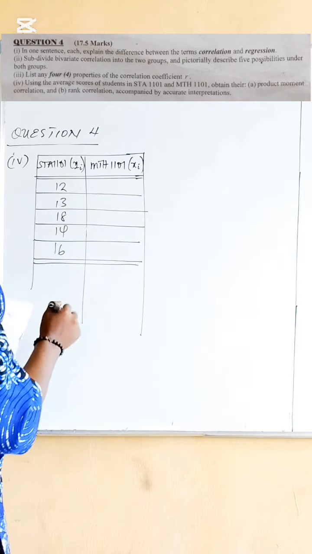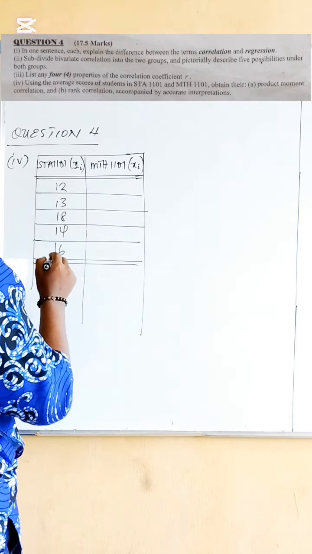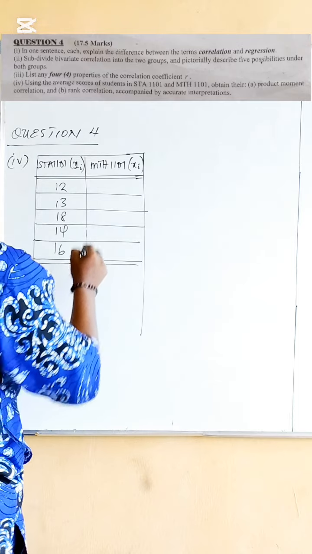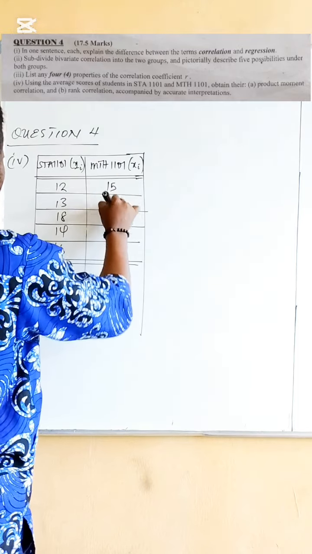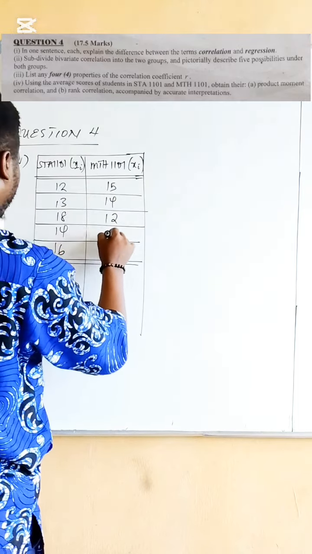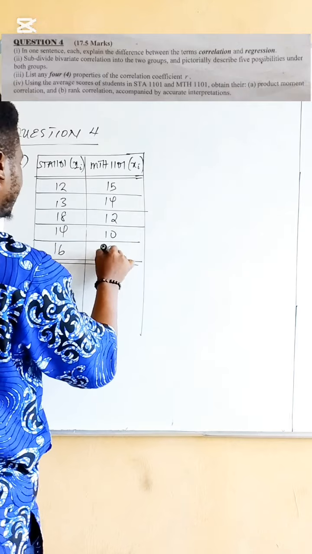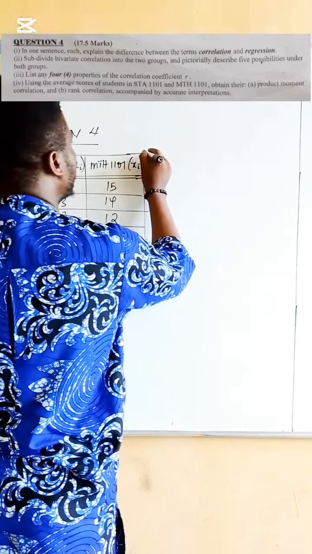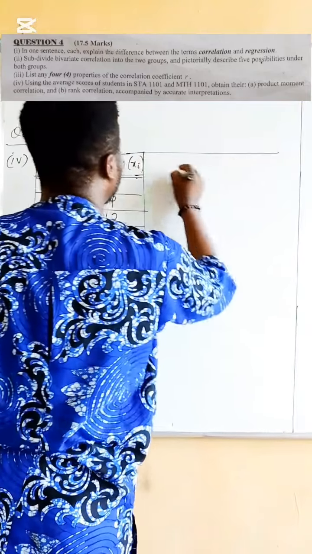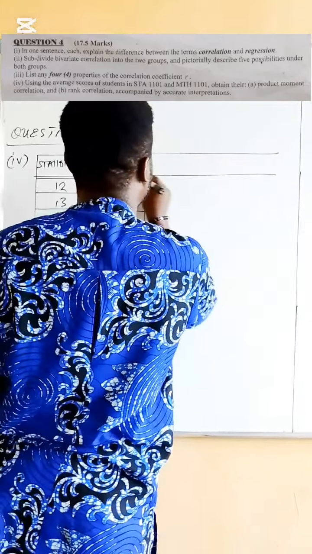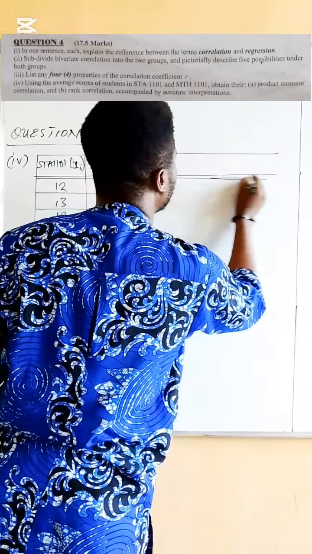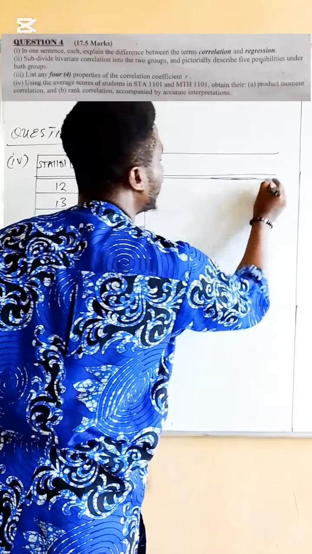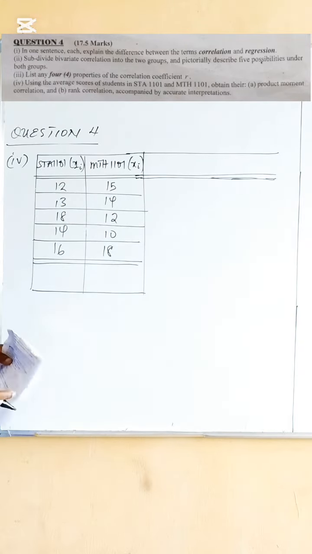For MTH 1101, we had 15, 14, 12, 10, 18. Now the first correlation we were asked to compute is Pearson's correlation, or product moment correlation.